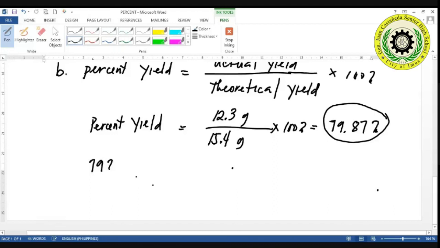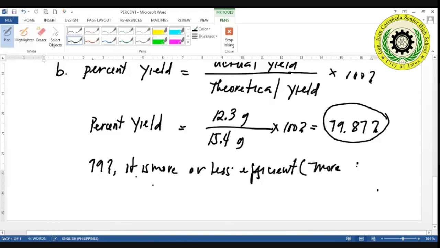Since ang nakuha po nating percent yield ay 79.87%, ano naman kaya ang ibig sabihin nito or interpretation nito, no? So, kapag po 79% ang ating pong percent yield, ibig sabihin po niyan ay it is more or less efficient. Tandaan, it is more or less efficient.